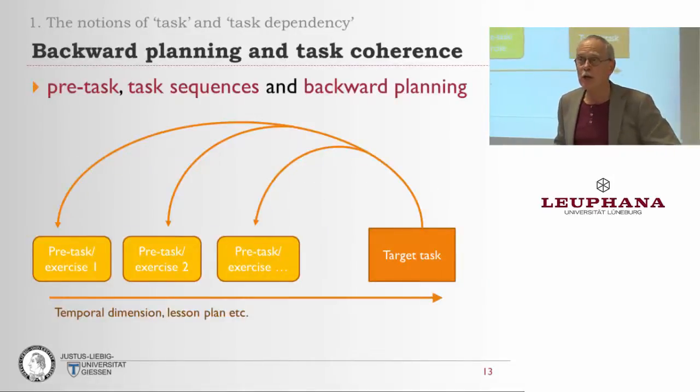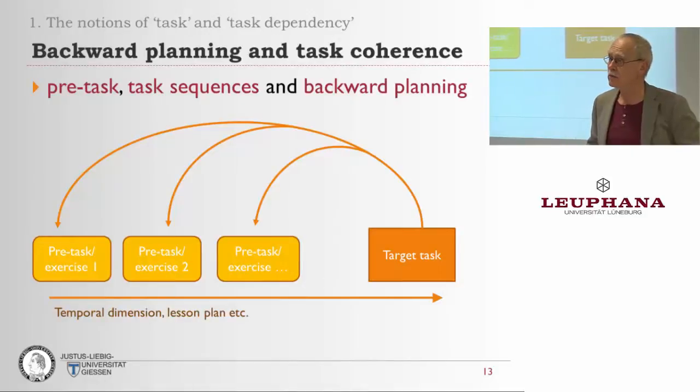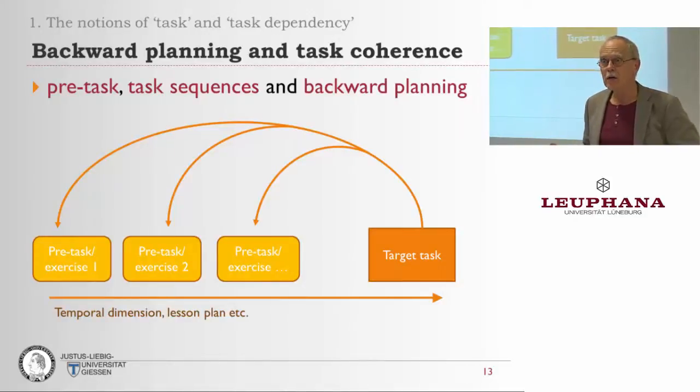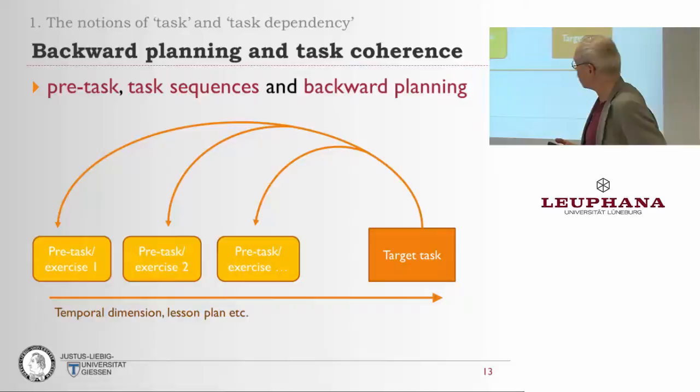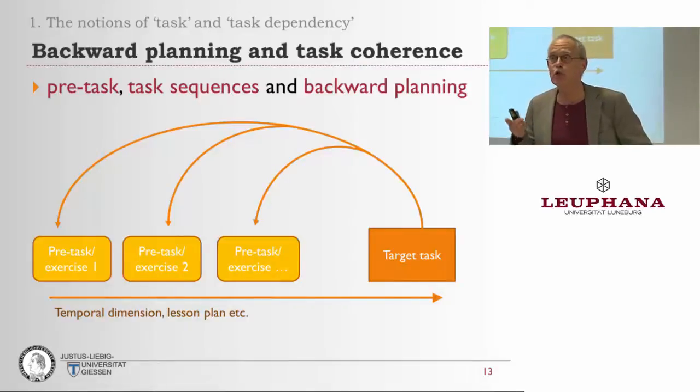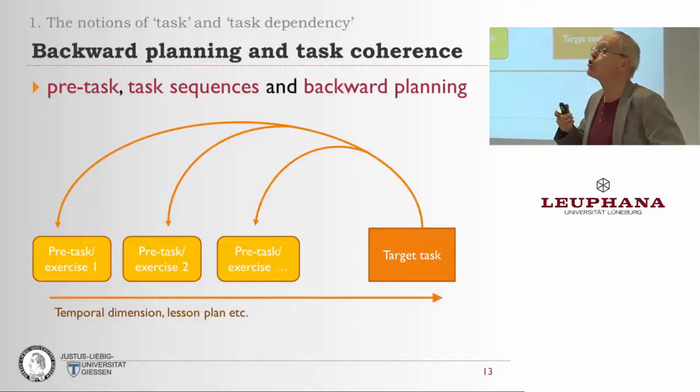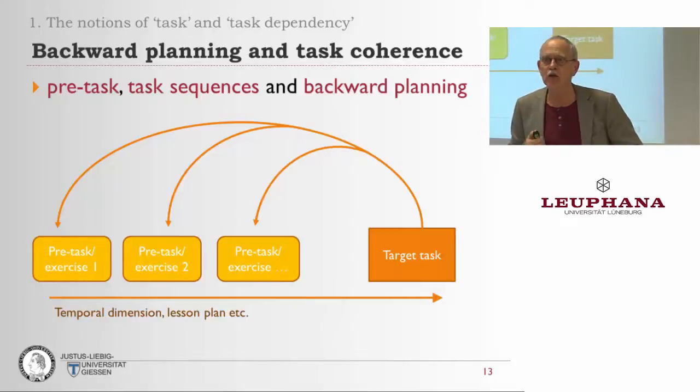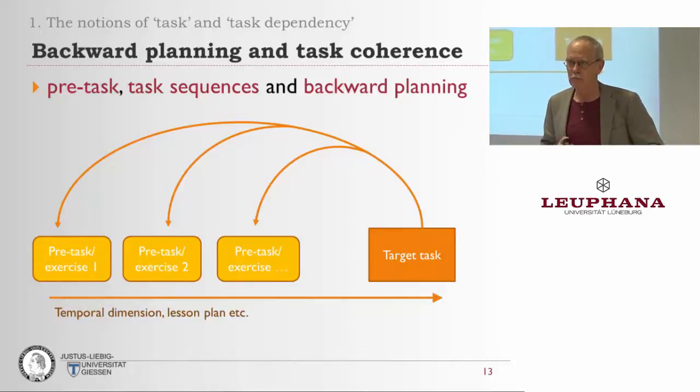The fashion show is the target task. And here, the teacher can talk to the learners about what we need to do prior to the fashion show together in order to successfully do a fashion show.